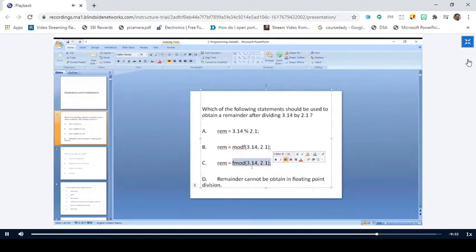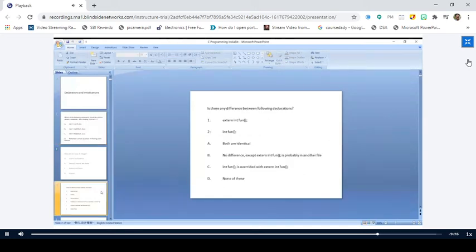So 3.14 modular division 2.1 is not supported in C programming language. But when we are forced to get the remainder of 3.14 by 2.1, we have a function called fmod. This function gives the modular division of floating point numbers. This is an important point we have to remember.